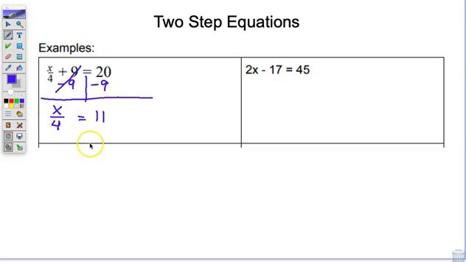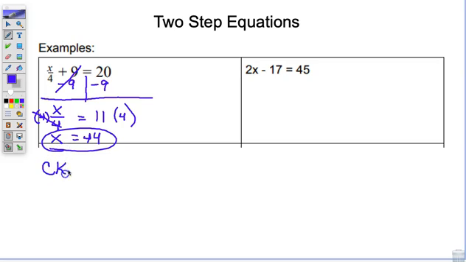Since we want to undo that, multiplication is the inverse or opposite of division. So we are going to multiply the left side by that 4 and multiply the right side by that same 4. These 4s cancel diagonally, and x is equal to 11 times 4, which is 44.